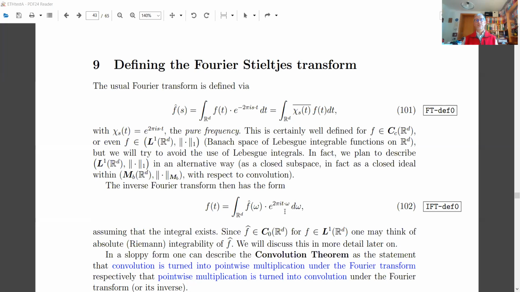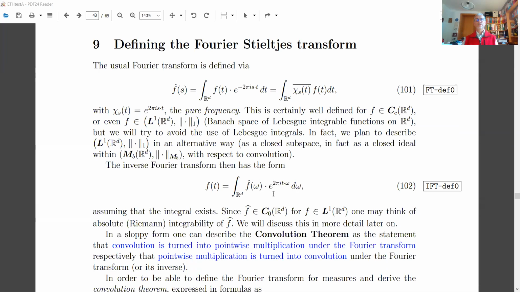More precisely, the Lebesgue integrable functions taken as equivalence classes, where you identify two functions if they're equal almost everywhere. We don't want to go into measure theory in more detail, but this is a name for the inverse transform, though it's not yet verified that this is really the inverse.